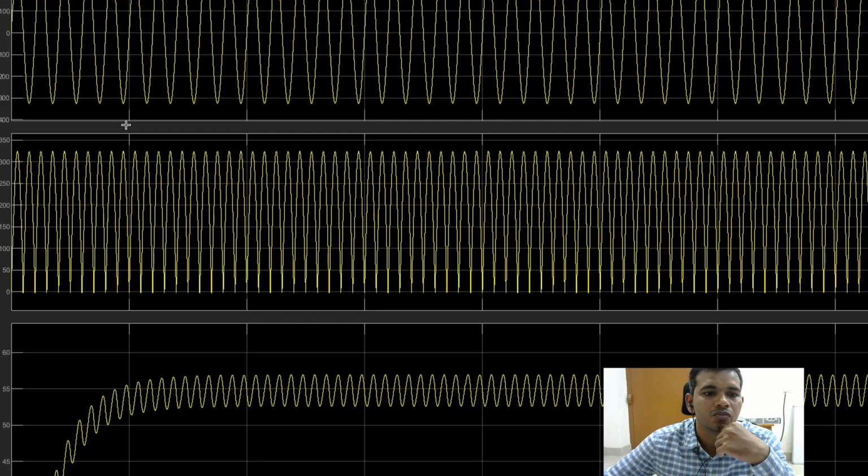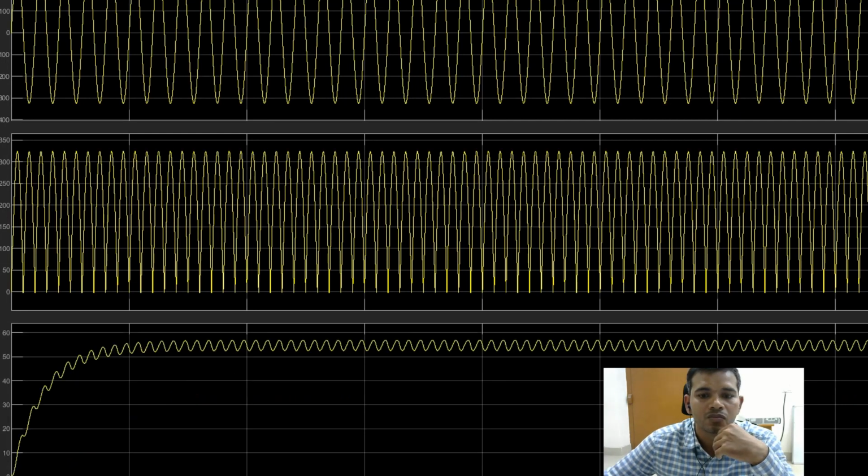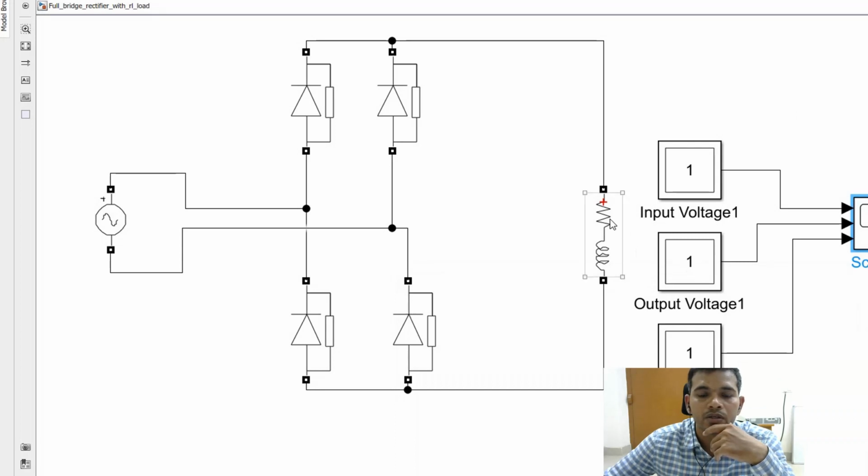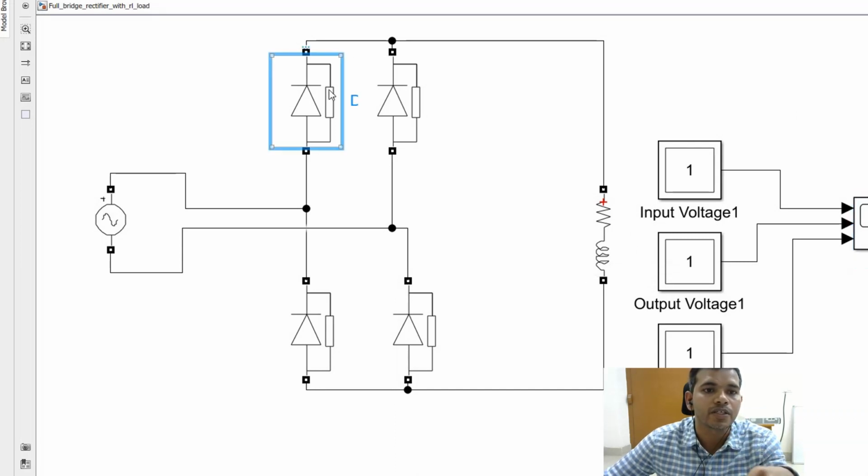What is across the diodes there? This one is a never circuit, you can remove this.